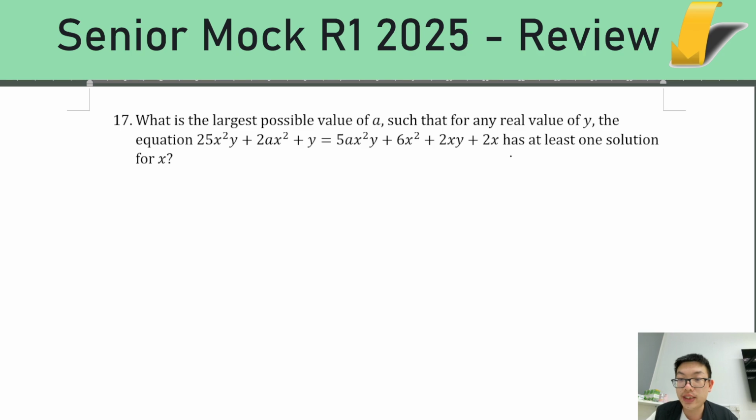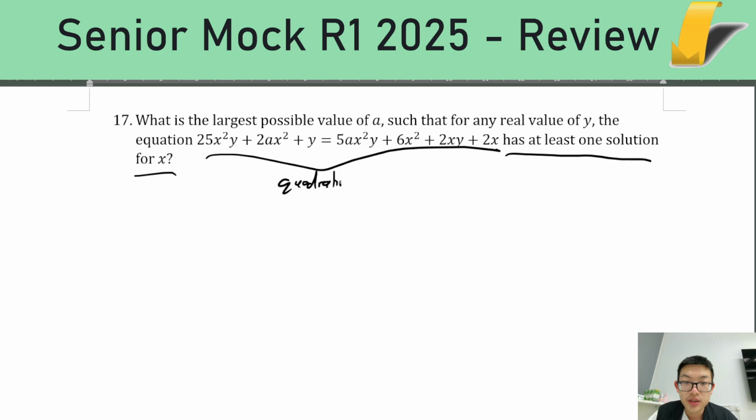Has at least one solution for X. This is still a quadratic in X. And so has at least one solution means that the discriminant is greater than or equal to 0. Let's just do that first by making it look like a quadratic. Okay, so x squared are in 4 different places.